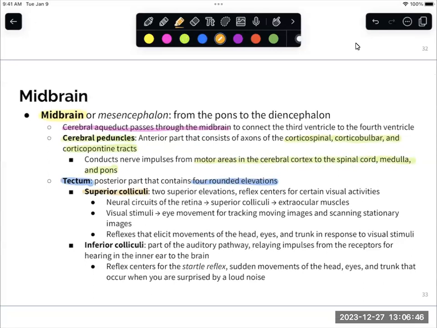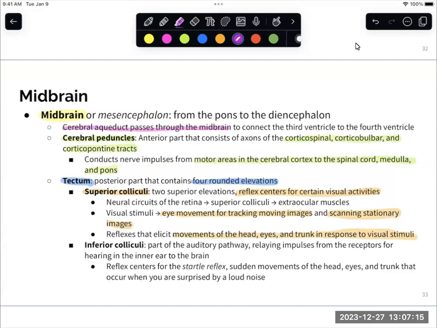The superior colliculi is reflex centers for visual. So, eye movement for tracking moving images and scanning stationary images. This is also movement to head, eyes, and trunk in response to visual stimuli.